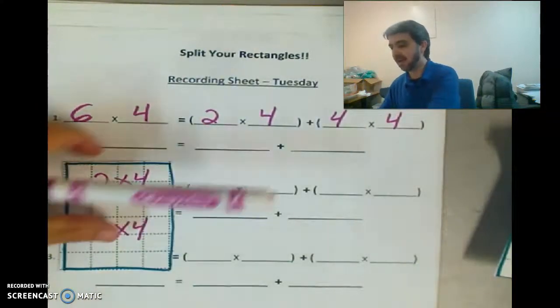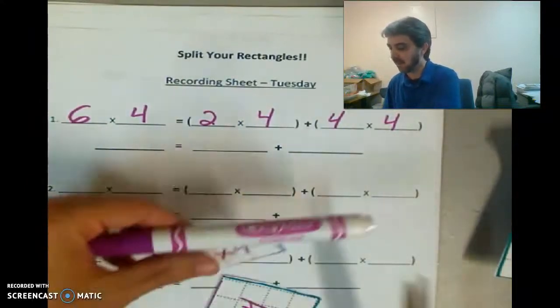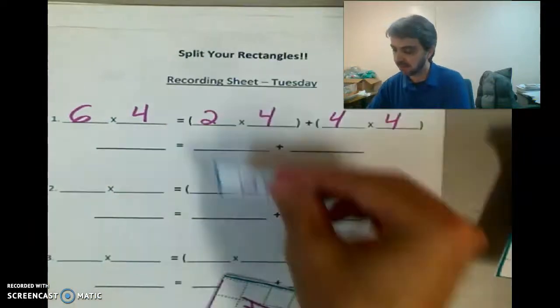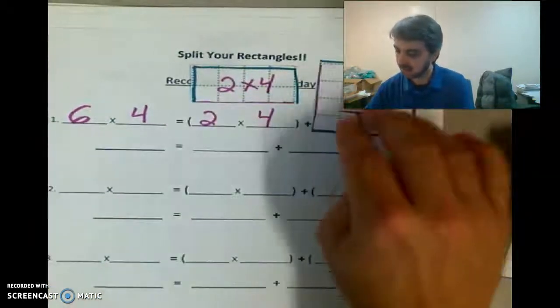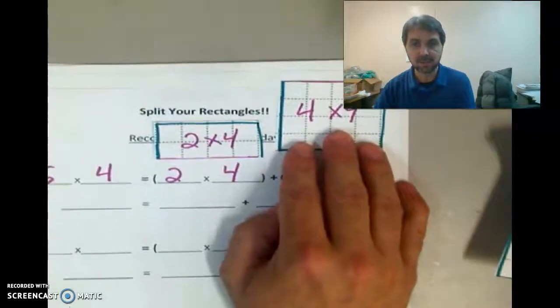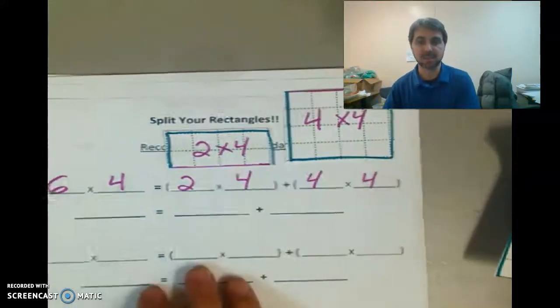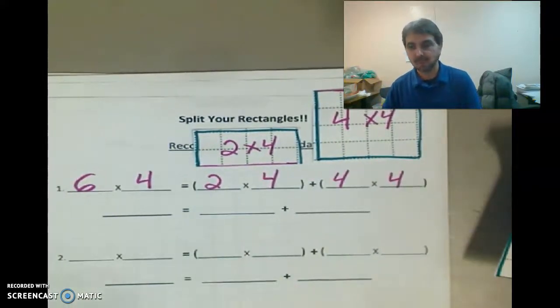Okay, if I did cut it, which I'm going to do now, you could see it just like this. Okay, now your rectangle is probably different from mine, and even if it was the same, you might split it somewhere different. Okay, so then what do we write down here? Well, we write down the products of each.